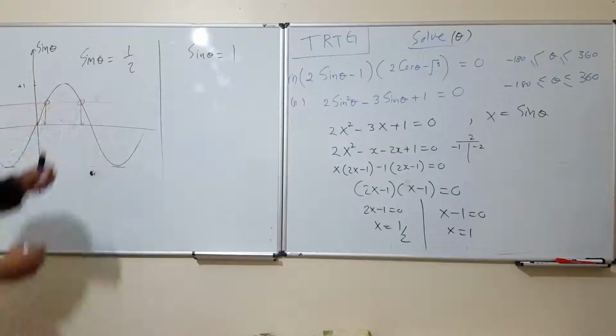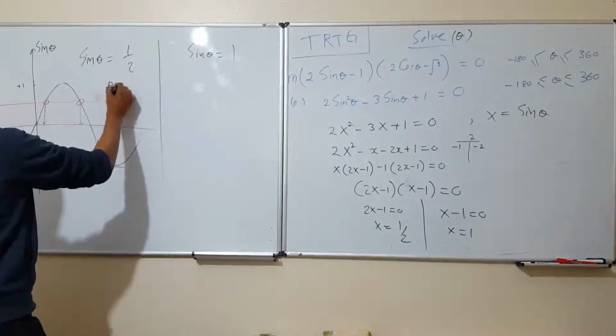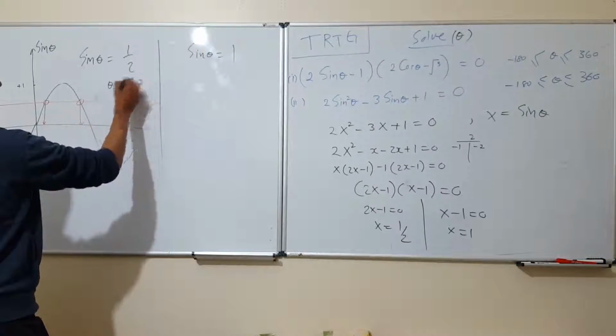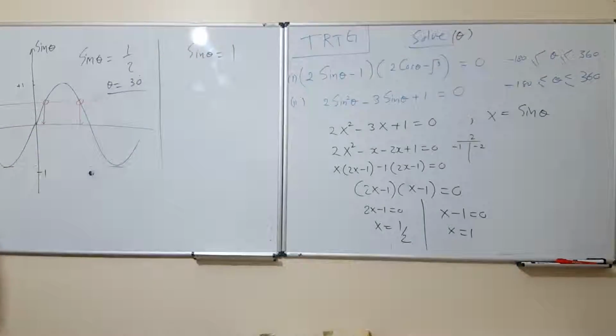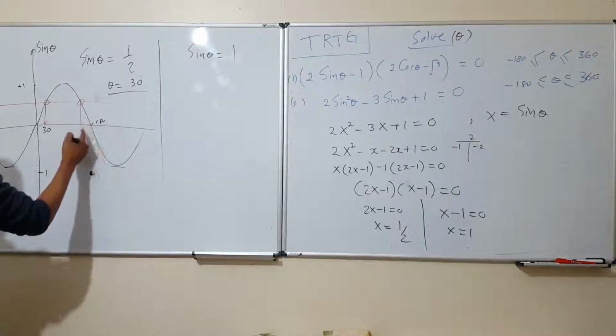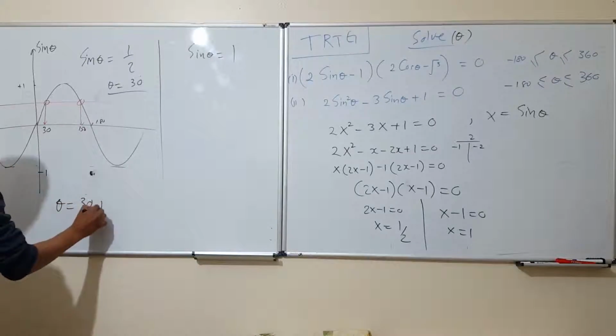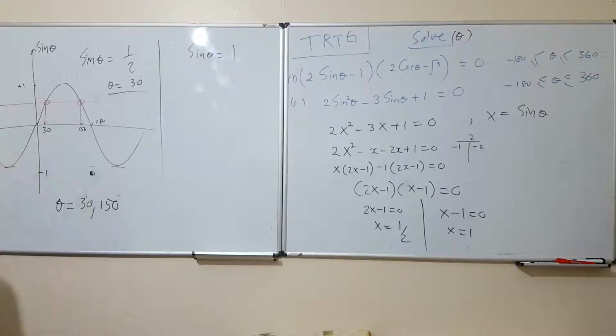Again, we can do sine inverse half. We're going to get theta again 30 degrees, because sine inverse half would be 30. So the first answer is 30. The second answer would be, that's 180. So 30 comes from there, so 150 degrees by symmetry. So we got one answer is 30, another answer is 150 degrees.